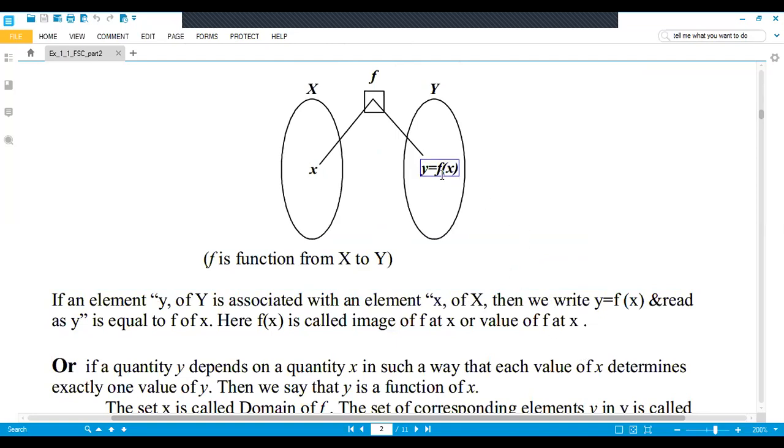It means the range can also be written like this: y is a function of x.